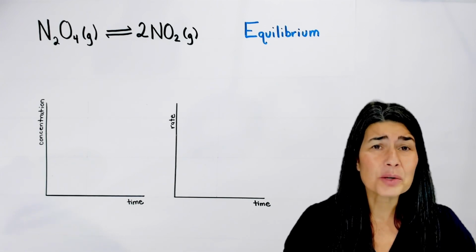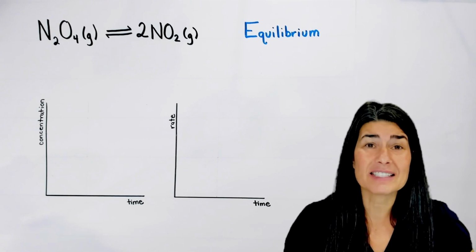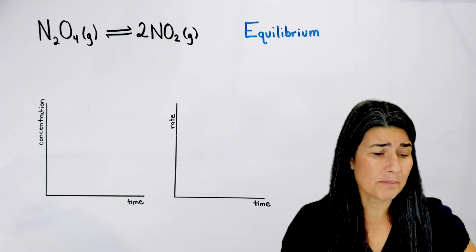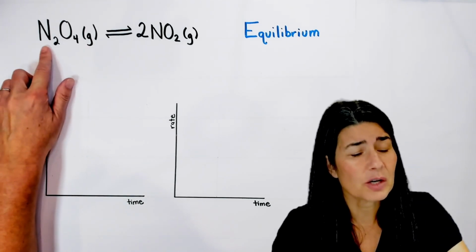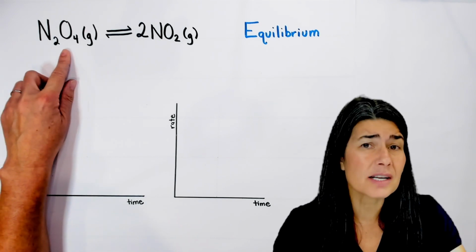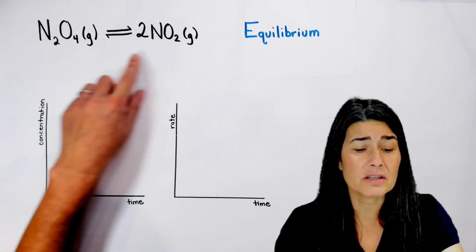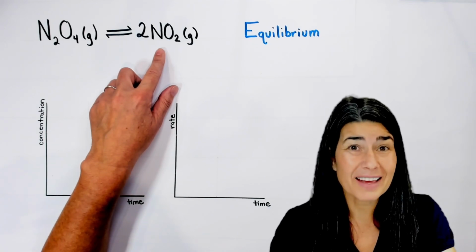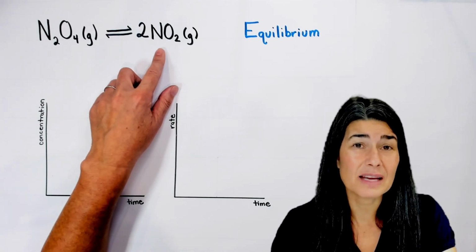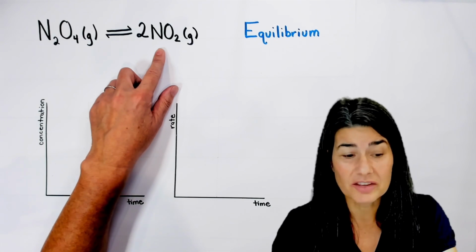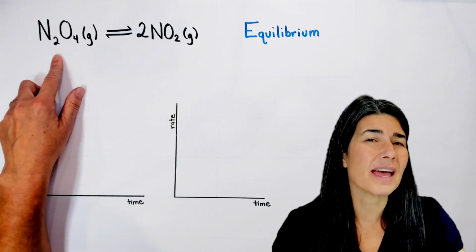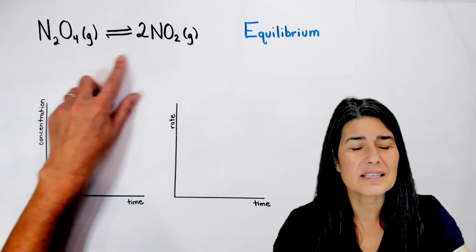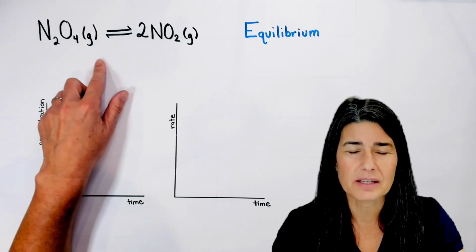However, in other reactions, they might be easily reversible. For example, we have this reaction here where dinitrogen tetroxide decomposes to form two nitrogen dioxide molecules. But those two nitrogen dioxide molecules may in fact hit each other and reform the N2O4. This is a reversible reaction.